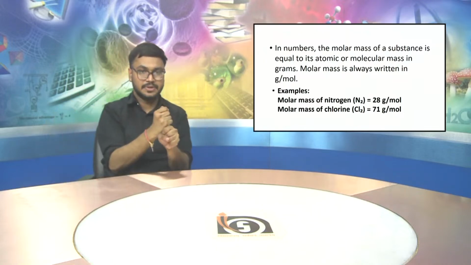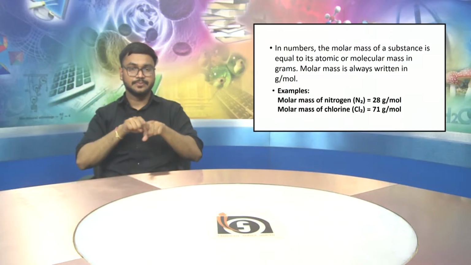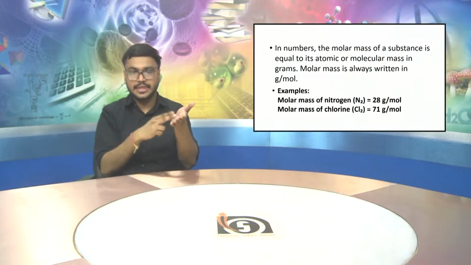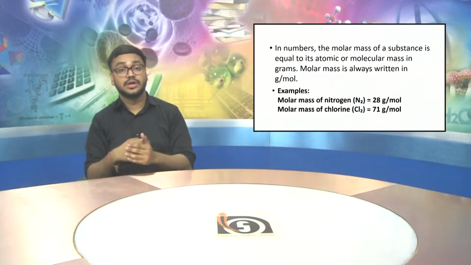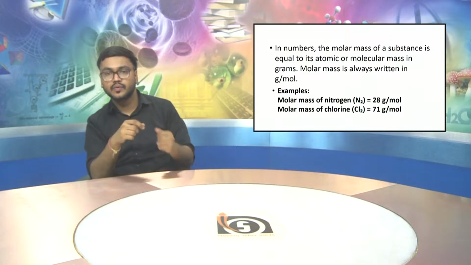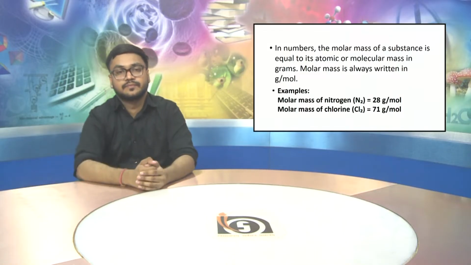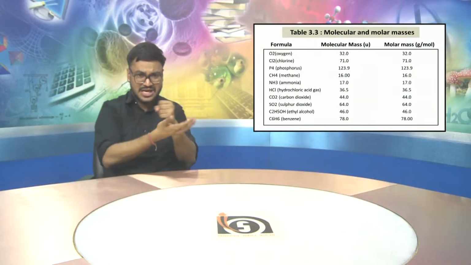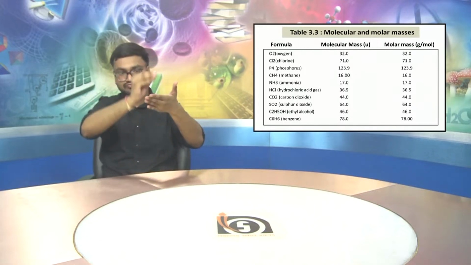For example, the molar mass of nitrogen N2 is 28 gram per mole, and the molar mass of chlorine, Cl2, is written as 71 gram per mole. There is a table showing the molecular and molar masses of some formulas.